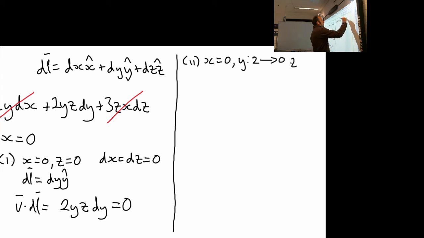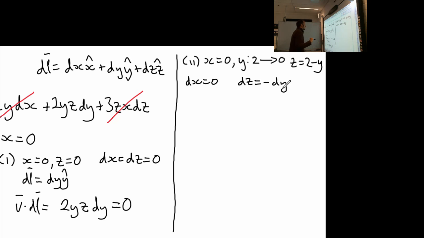And z is equal to 2 minus y. Okay, so when y is equal to 0, z is equal to 2. When y is equal to 2, z is equal to 0. Okay, so again we have x is equal to 0, and dz is equal to minus dy. So what is v dot dl here?